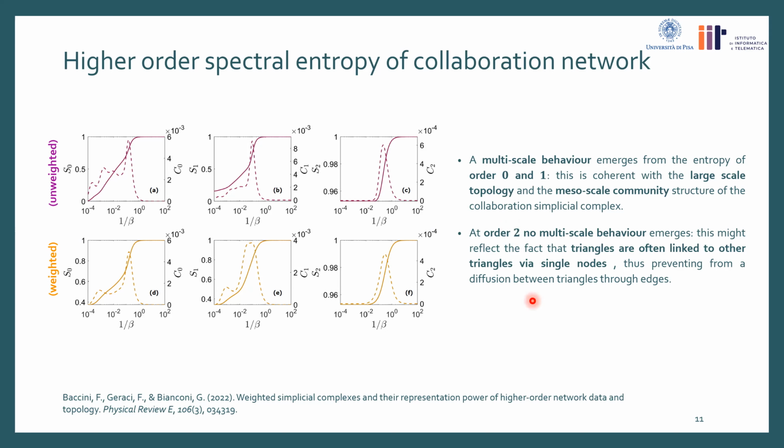While in our network, most of the triangles are connected to other triangles via single nodes, okay? And this prevents the diffusion between triangles through edges. That is why probably here there is a unique phase in the diffusion of information.